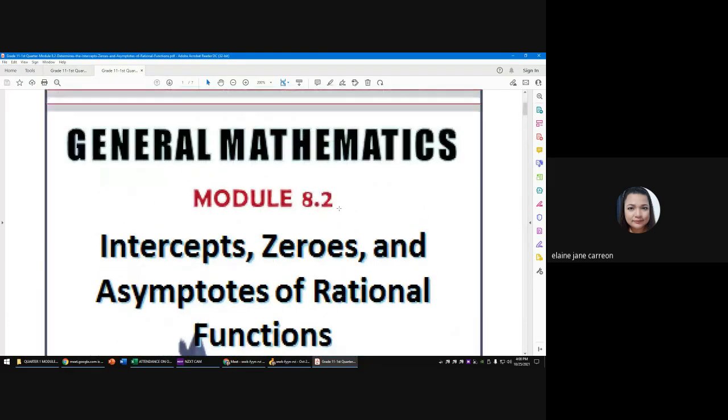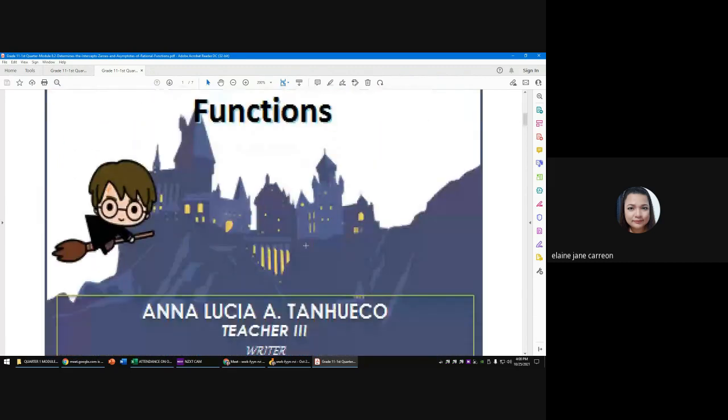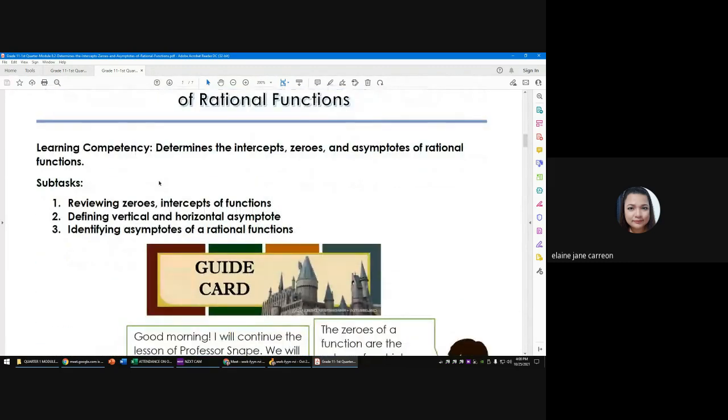Next, we're ready to move on with Module 8.2. So we're going to discuss intercepts, zeros, and asymptotes of rational functions. At the end of this module, you're expected to determine zeros, intercepts, and asymptotes of rational functions.